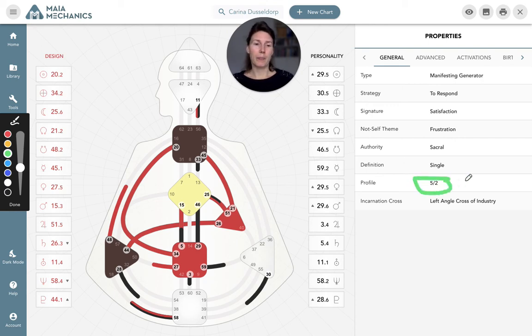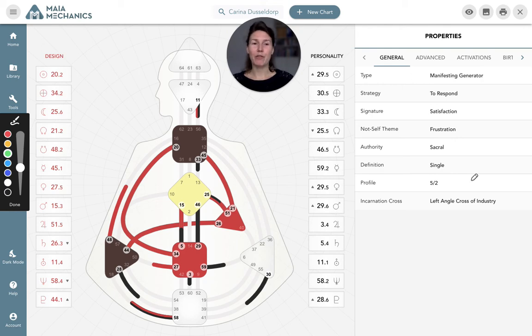And here the 5-2 is a more rare profile of the 12. And there's a lot of projection here. There's a big projection field here.